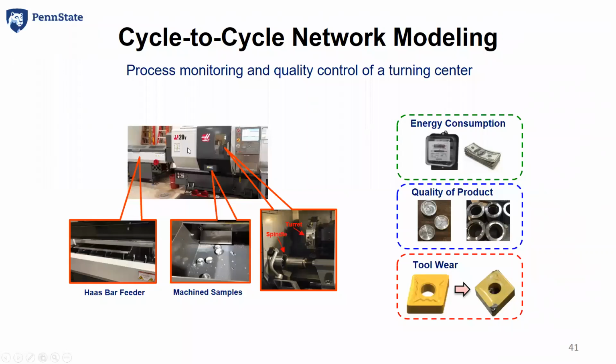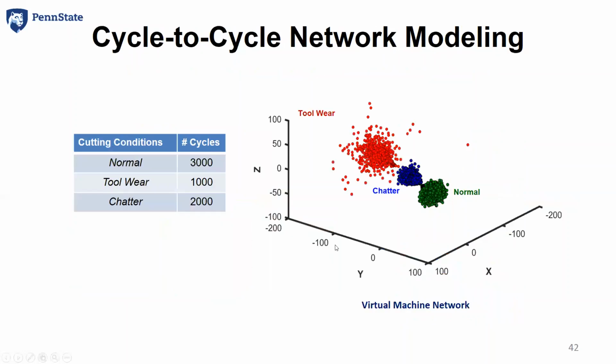Then this can help us, if we can monitor and see when the machine tool has problems, and then with the process variations, we can monitor the quality of the product. We can monitor the tool wear. And we have normal 3,000 cycles, tool wear 1,000 cycles, and chatter 2,000 cycles. The network modeling clearly separates them into different clusters.